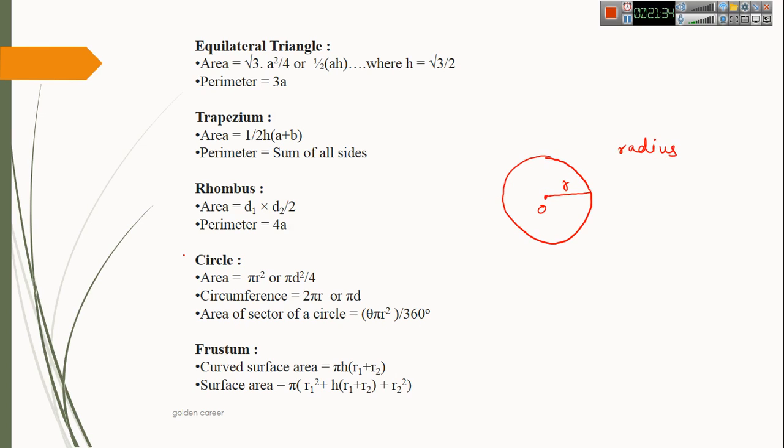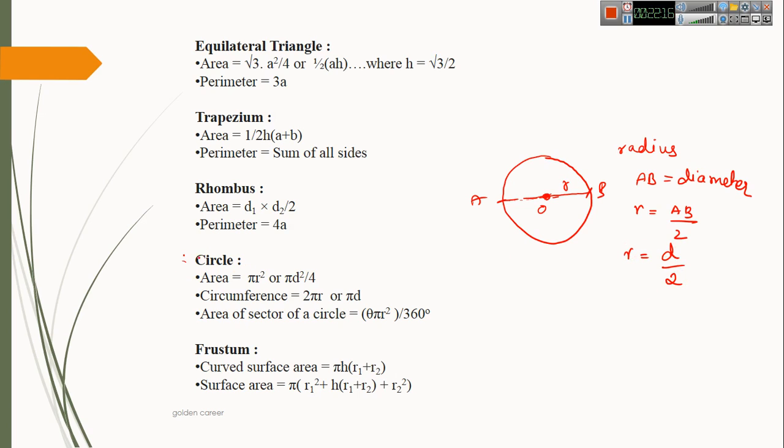And if we extend this radius to the other half of the circle, then AB, a straight line which passes through the center and joins two opposite points of the circle, is called diameter. As we know, R is equal to AB by 2. If we consider AB to be the diameter D, then R will be D by 2.